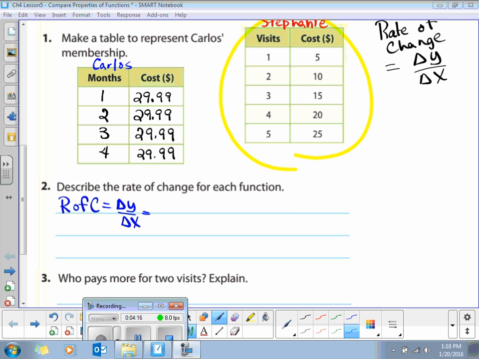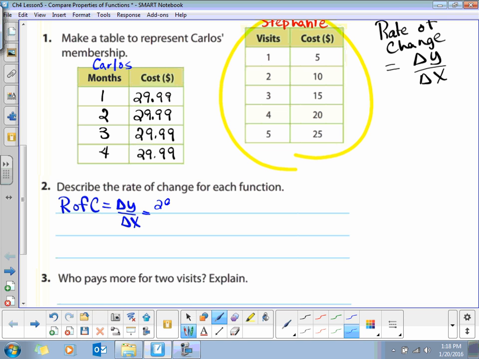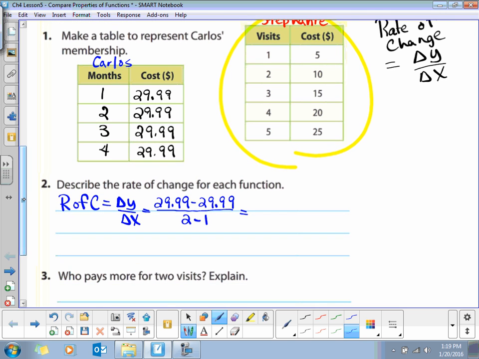So the delta y, the change in the y's, is $29.99 minus $29.99. The change in the x values, 2 minus 1. So when we simplify this, $29.99 minus $29.99 is equal to 0. And 2 minus 1 is 1. So the rate of change for Carlos's function is 0.